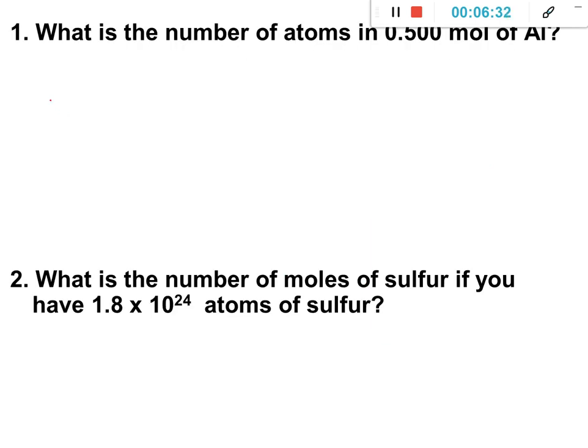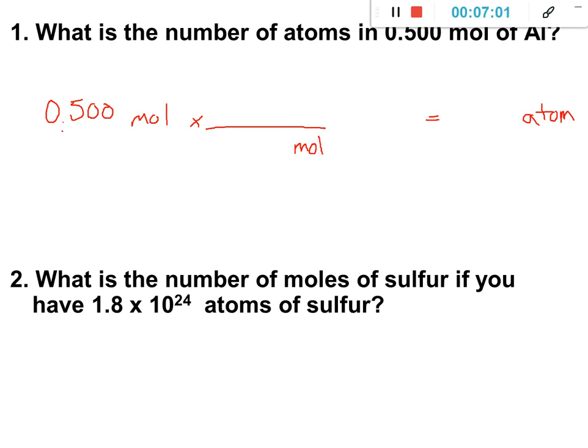For example, if you had 0.500 moles and you wanted to convert it into atoms, so we want to find out how many atoms are in 0.500 moles, we could set up a conversion factor just like we were doing before, where you put the unit of the thing you don't want on the bottom.